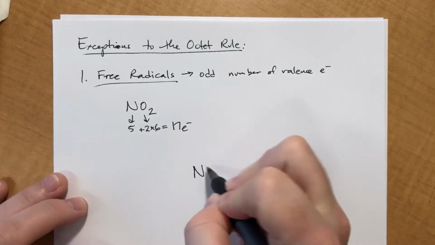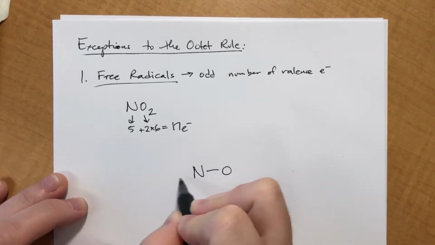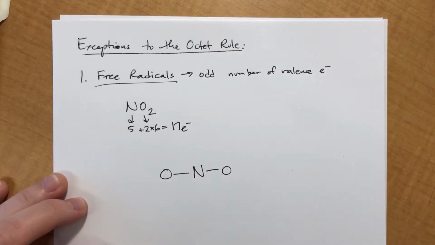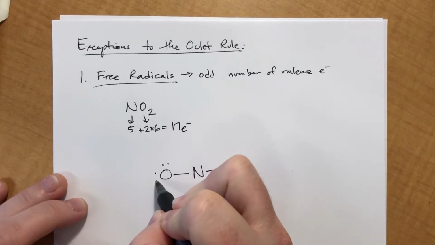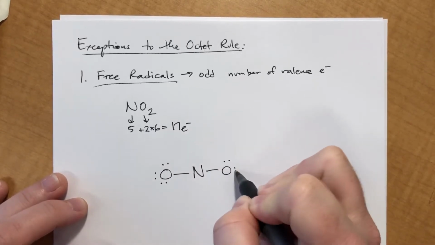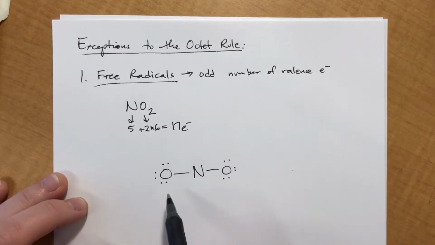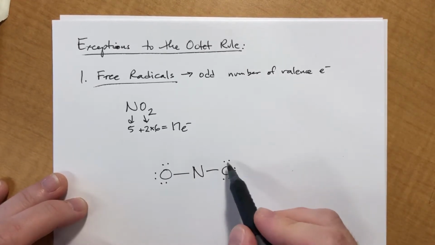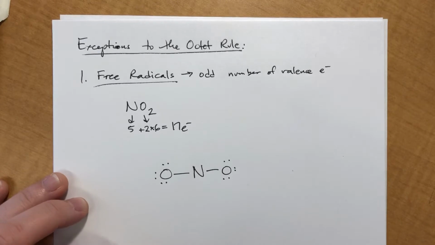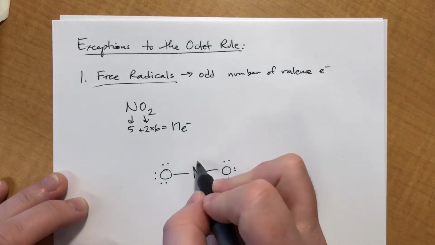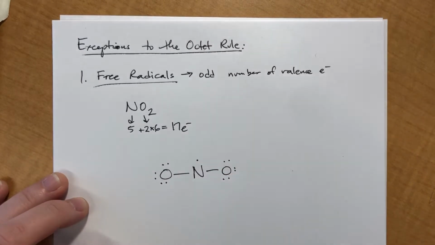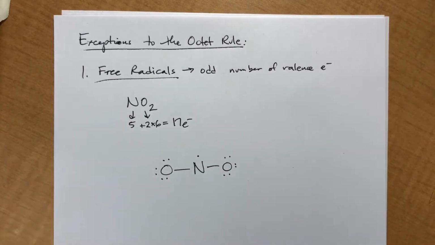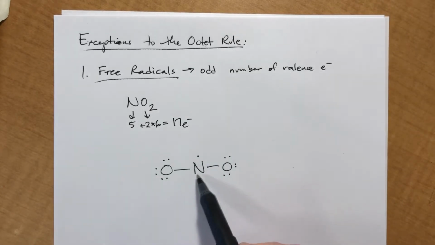So nitrogen's the central atom. We have 2 oxygens. We give each of them their electrons first. They have their octets, so that's 2, 4, 6, 8, 10, 12, 14, 16. Now the next step, step 4 in the process, says to place any remaining electrons on the central atom. So this does not have an octet.